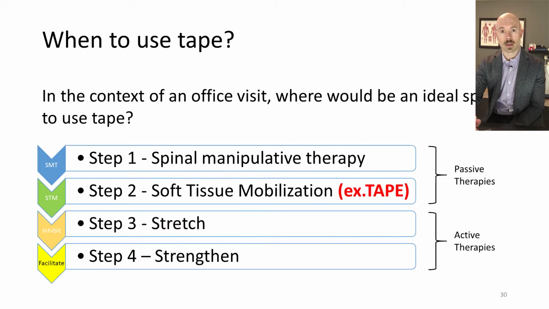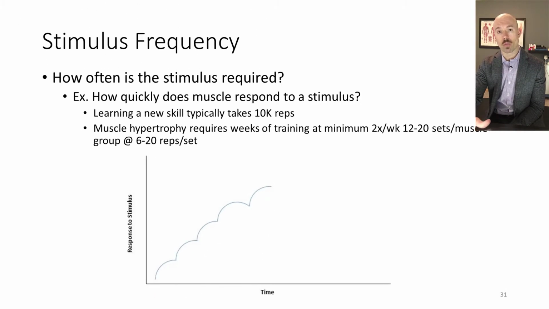And by having the tape on the skin for an extended period of time, it's providing a stimulus that's going to be experienced frequently throughout the day, consistently for several days in a row.